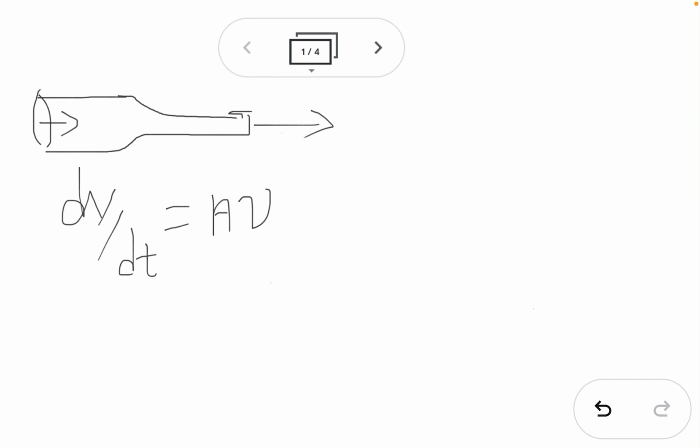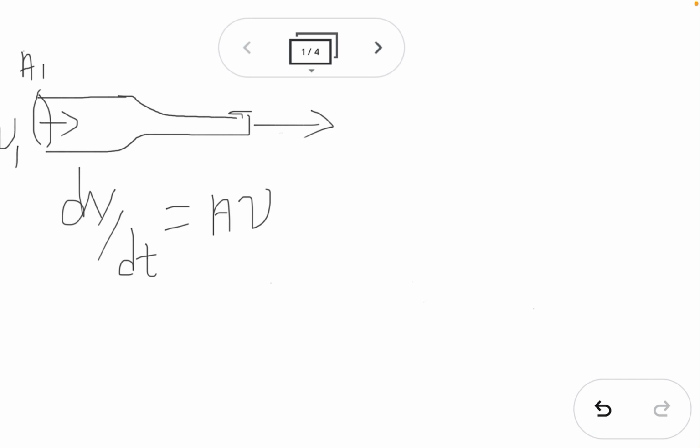Now suppose we want to consider both ends of this tube. We have point 1 here with surface area A1, okay, A1, and the fluid moving at a speed of V1.